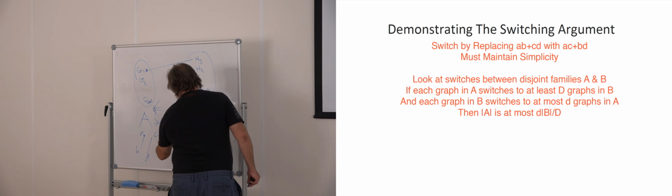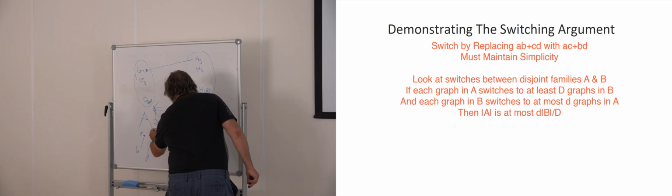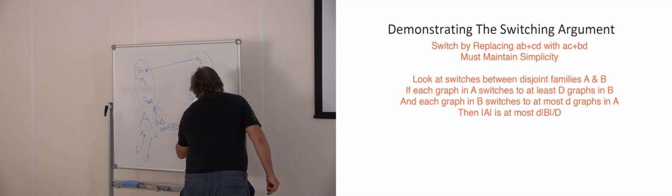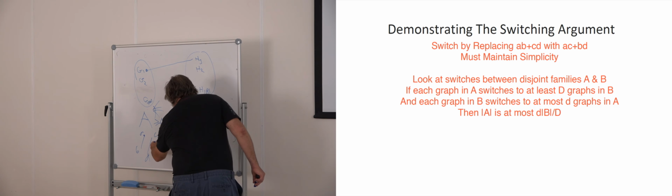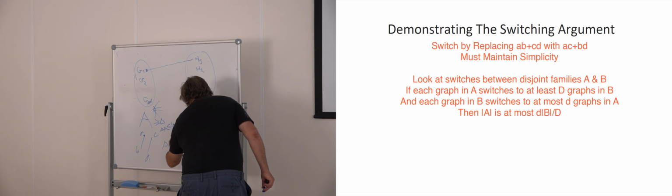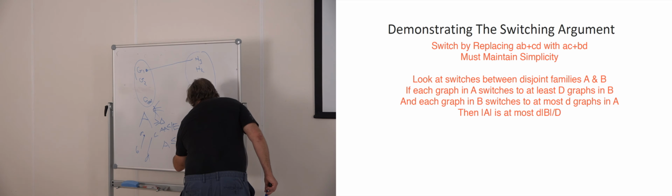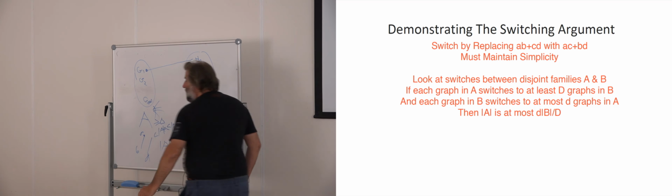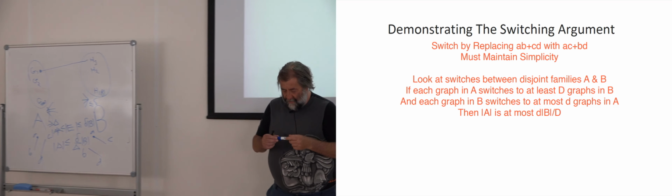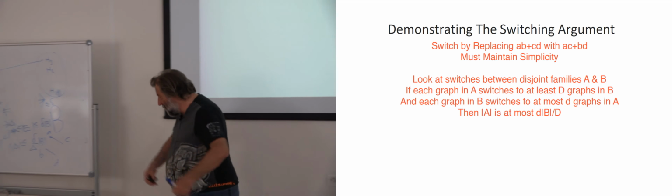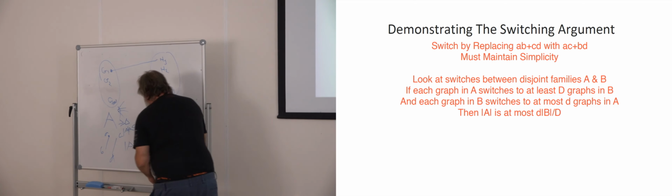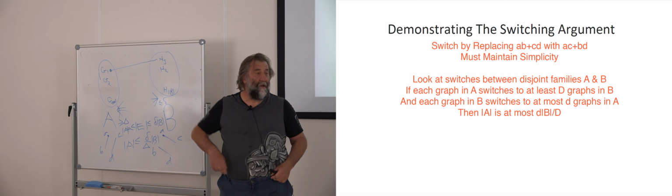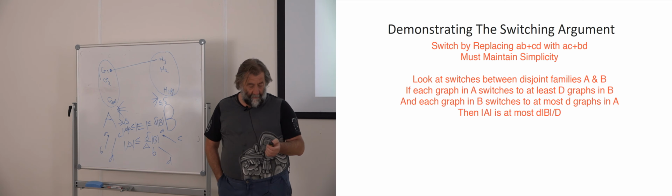It's greater than or equal to A times D, and less than or equal to delta times B. That allows me to conclude that A is less than or equal to delta over D times B. So using this switching argument, and we have to use it in a recursive, iterative, kind of complicated way, that's the basis: using switching to bound the probability of different families of graphs.